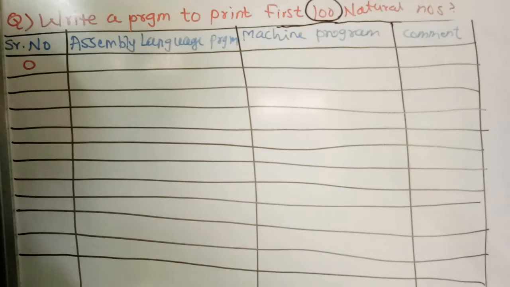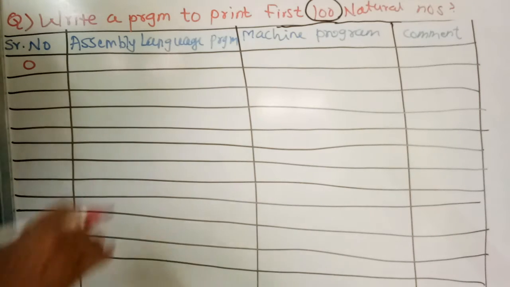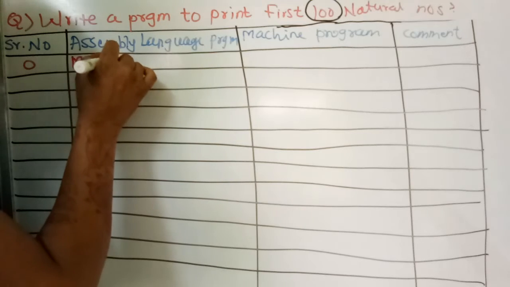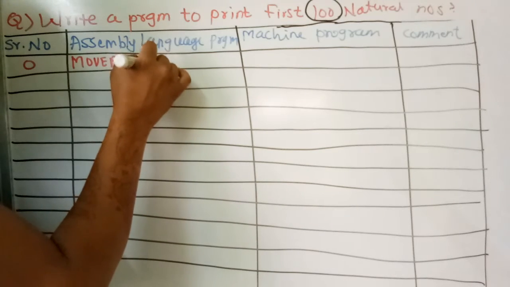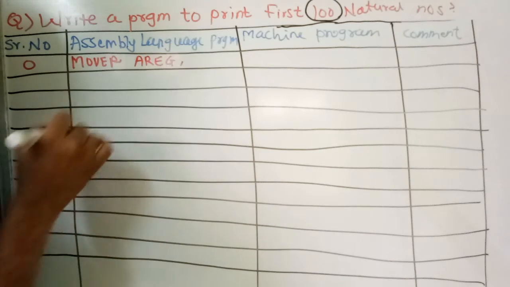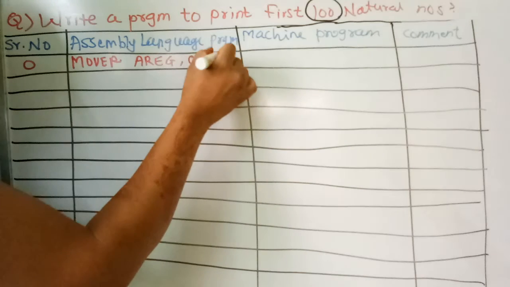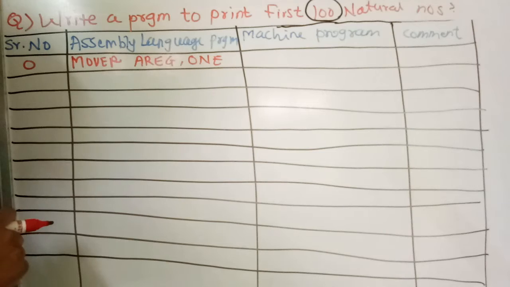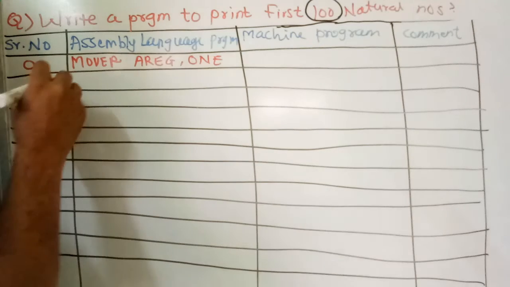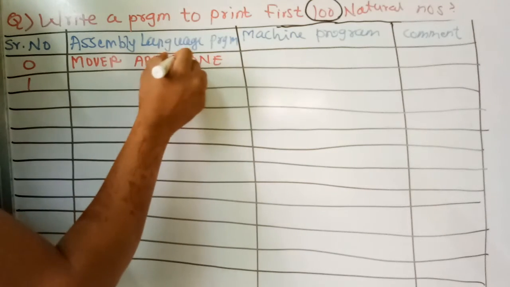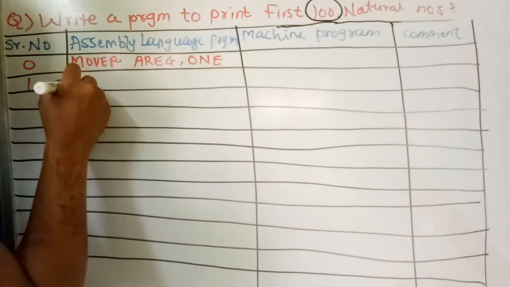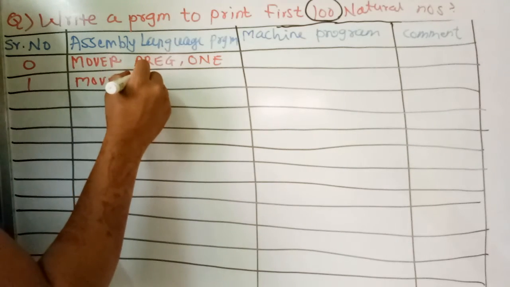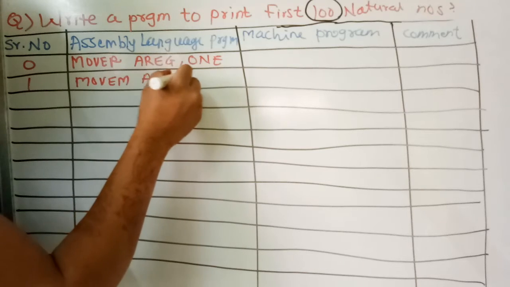We will make a move: move register, and we will take the first register, that is the A register, and put 1 in it, which means we take the first value, that is 1. Now we will shift this value 1 to the counter with the help of a move memory mechanism, that is, move memory A register.